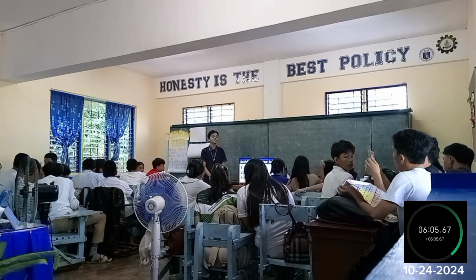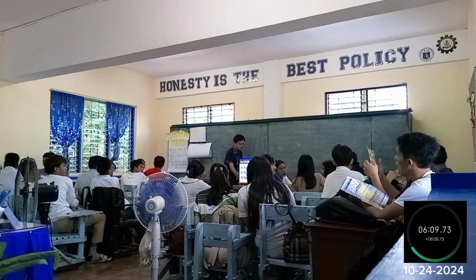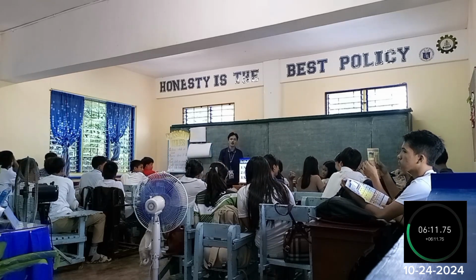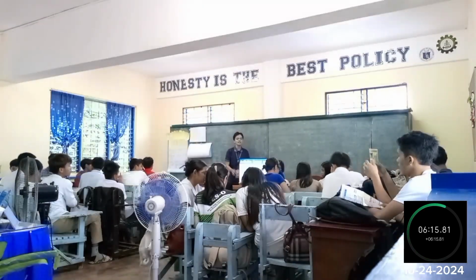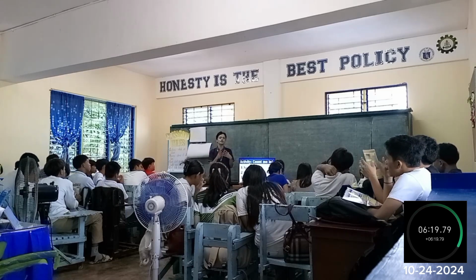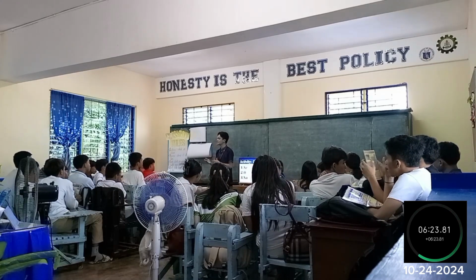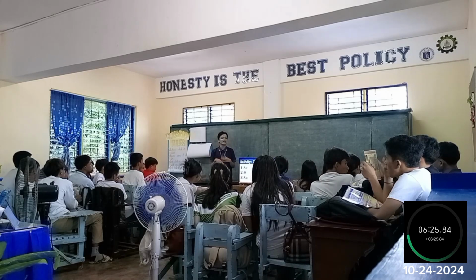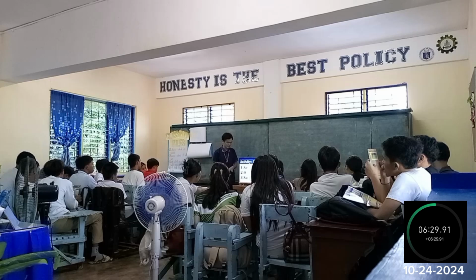What's the number that is lower than 2, Jovelyn? 1. So sodium has a valence electron of 1. Alright. Listen everyone, it seems that you have confused valence electrons with atomic numbers. So I know that you really learned, but I suggest that you still review your past lesson.